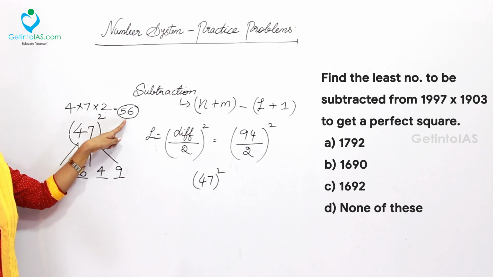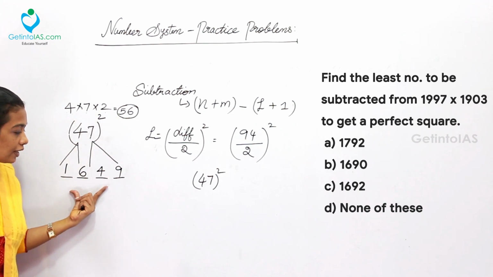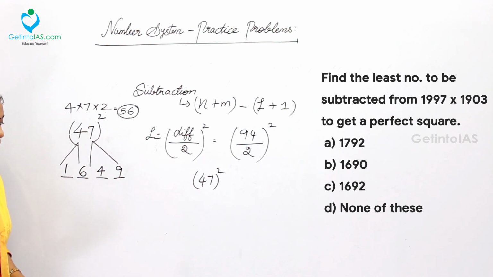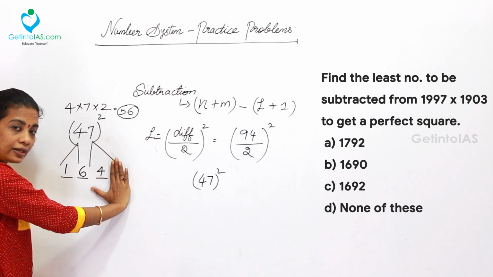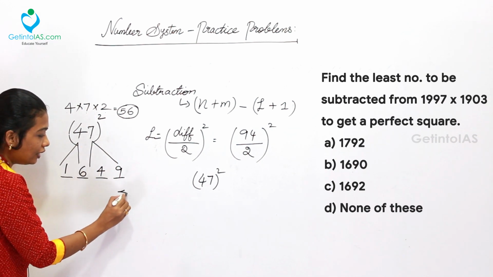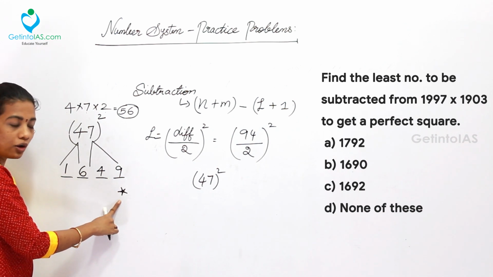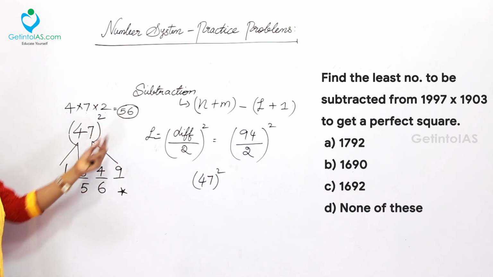Now what to do with the 56 already we have taken? This 56 want to be added with this 4-digit number except by leaving the last right hand side digit. So 56 where I want to write is after leaving this. For that I have mentioned star over here. After making star, you can write down the number. If it is 3-digit, you can write.